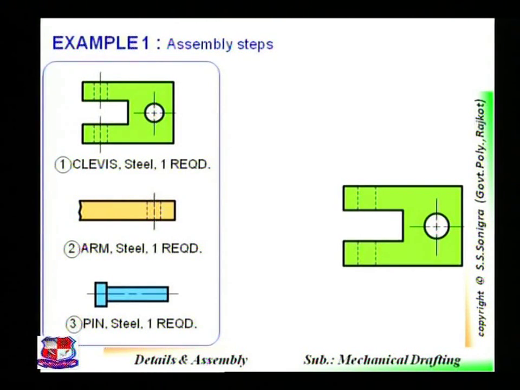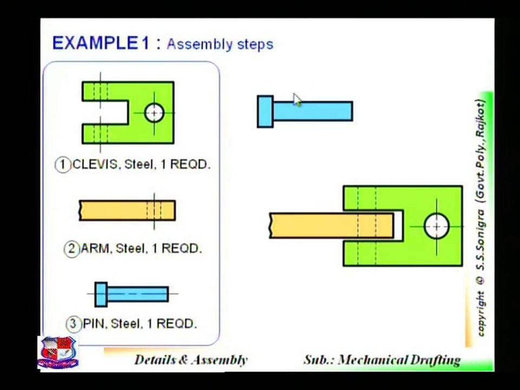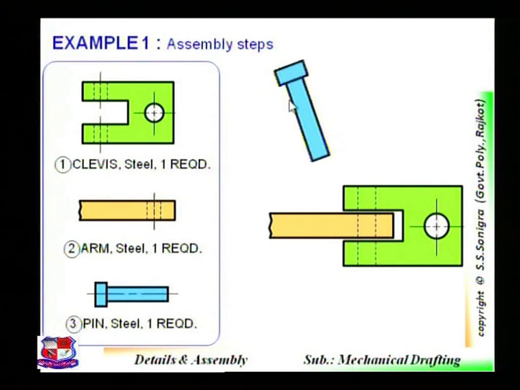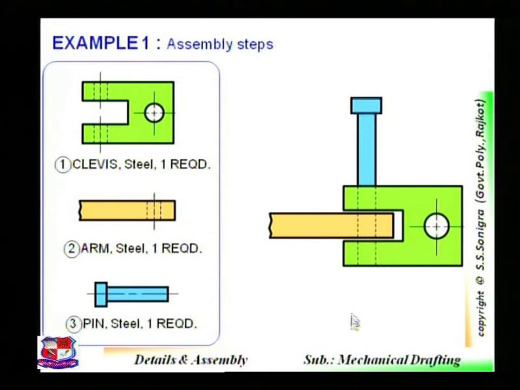Now the assembly steps. We have seen how to assemble this component. Insert this component like this. Three components are there. Put this pin over here, insert this pin over here. It will be inserted like this, and this is the assembly of these components.